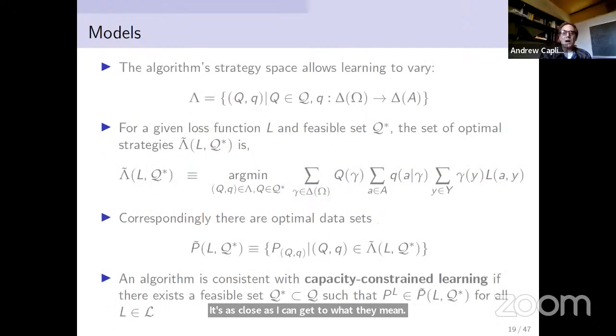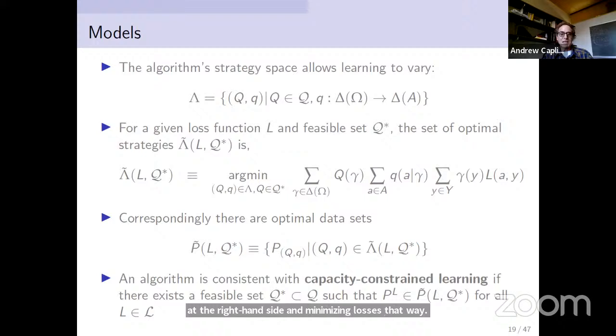All right, so now we're going to allow learning to vary. And we're going to define a large strategy space, which is you can learn anything and you can pick any mixed strategy. Now I'm going to think about, for a given loss function, if there is in fact a feasible set Q star, I can identify a class of optimal strategies by looking at the right-hand side and minimizing losses that way.